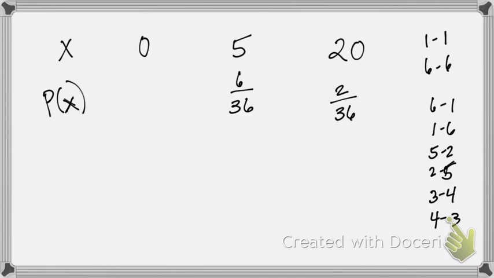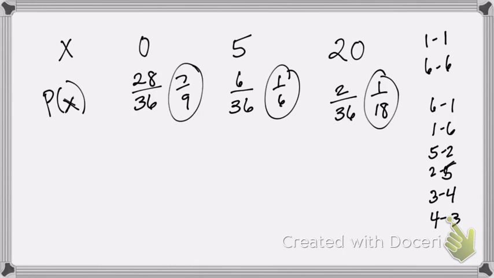Okay, so then to get 0, it's everything else. And so 36 minus 8 is what? 28 out of 36. If you want to reduce them, it could be 7 out of 9, 1 6, 1 18.